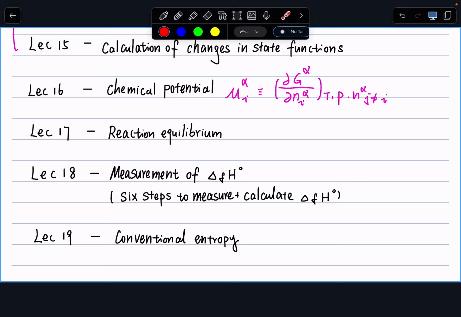We'll have mu_A equals the differential of the total Gibbs free energy over N_A at constant T, P, N_B, and N_C. My mu_B equals the differential of the total Gibbs free energy over N_B at constant T, P, N_A, and N_C.